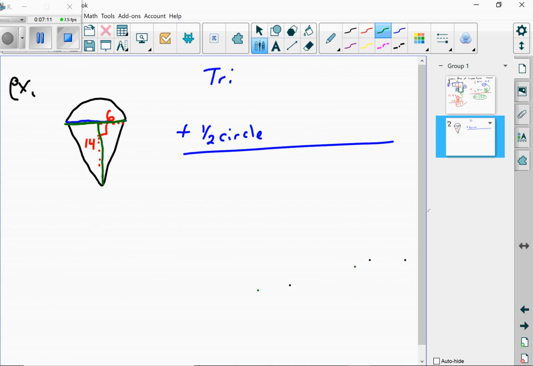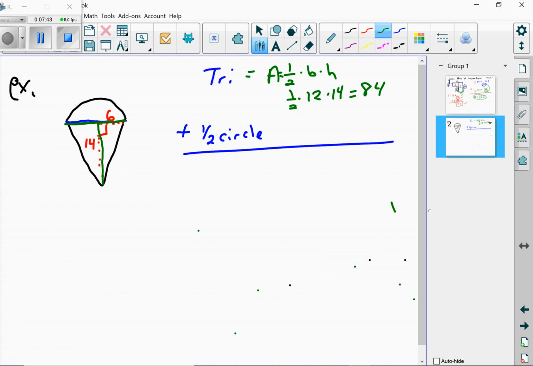So I'm going to use the formula for a triangle, 1/2 times the base times the height, and I'm going to let the base be equal to the green line across, which is going to be a 12, not a 6. 6 is the radius, but all the way across is going to be a 12. And the height of the triangle will be the perpendicular distance, here would be 14. So I believe if I use my calculator, that gives me an 84.